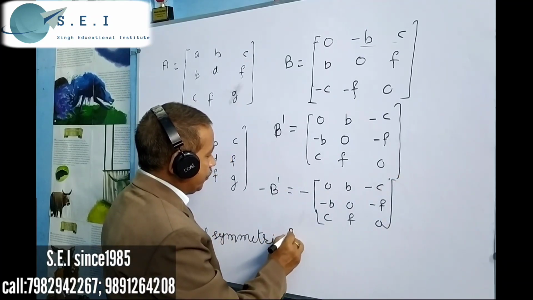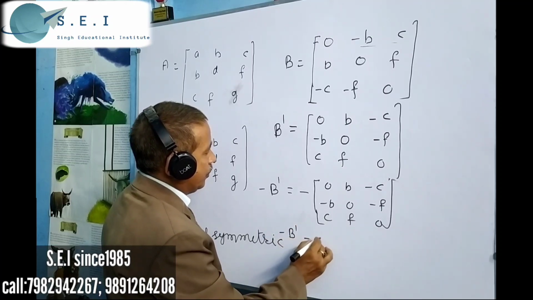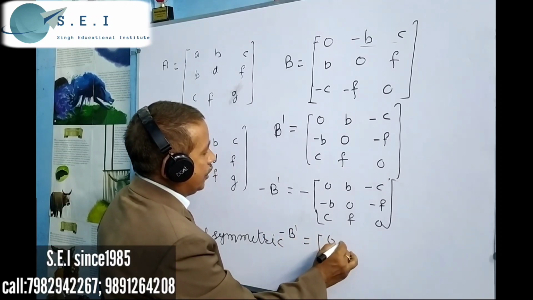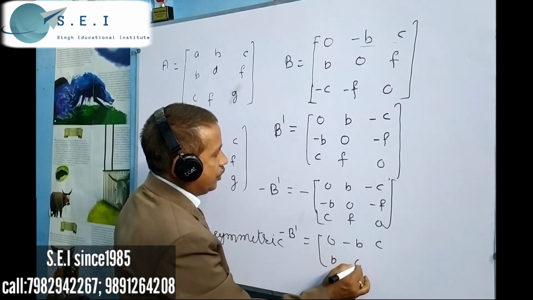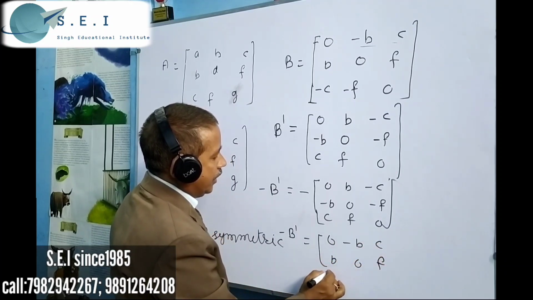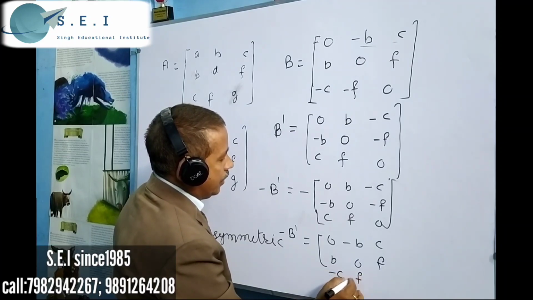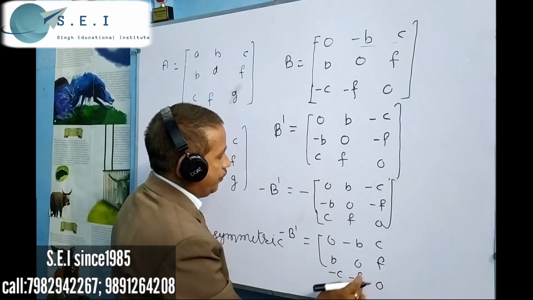Hence, we obtain negative of B dash is equal to 0, negative b, c, b, 0, f, negative c, negative f, and 0.